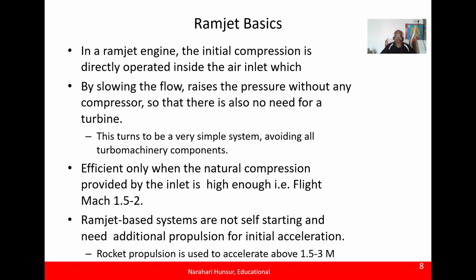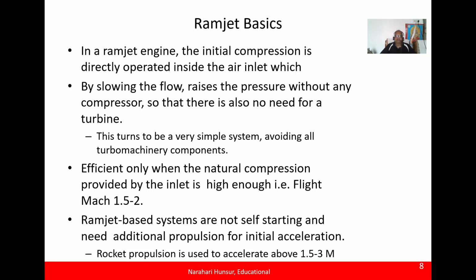Let's have a quick recap of ramjets, which operate right up to Mach 4. In a ramjet engine, initial compression is done directly inside the air inlet, which by slowing the flow raises the pressure without any compressor, which means you avoid all moving turbomachinery components.